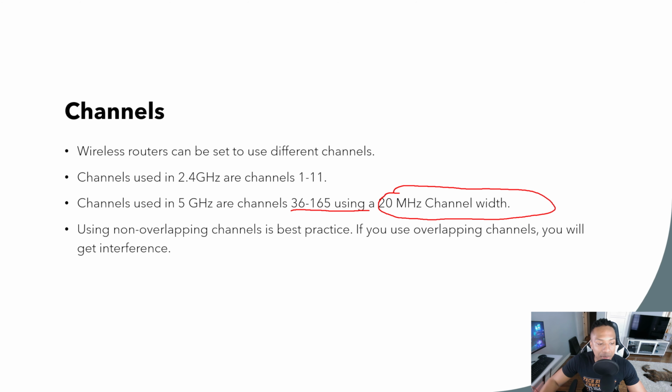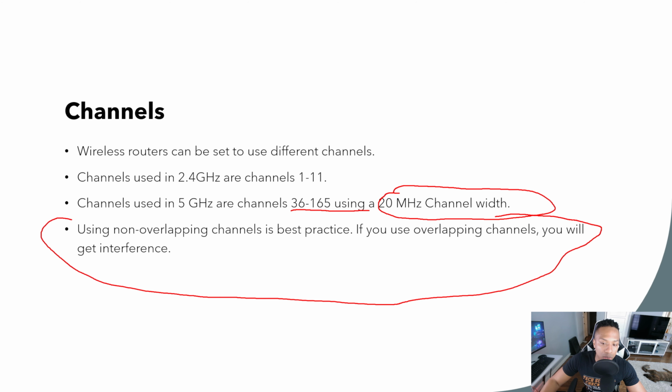I'm going to go over what it means to use non-overlapping channels in the next slide. But this you will definitely need to remember. You need to remember this for your CompTIA. You need to remember this for the job, even your own house. I've experienced some interference back in the day when I didn't know what I was doing. So very important, guys, very important.